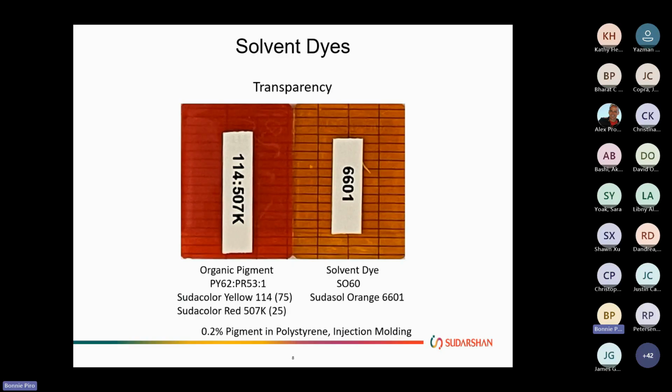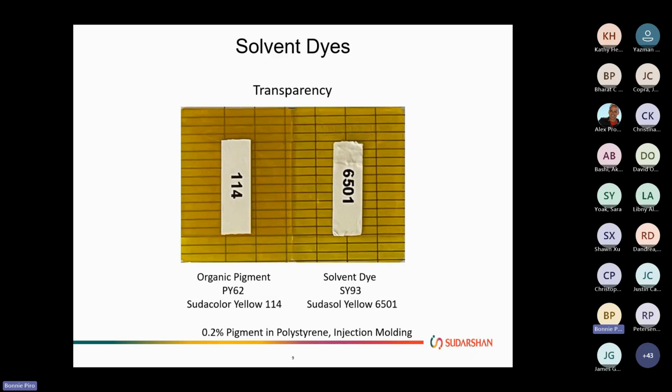On the pigment side, we used a combination of yellow 62 and red 53-1 that you saw in the previous slide to get to a similar orange color space. Still the same amount of loading in this application area, but significantly different in terms of color.